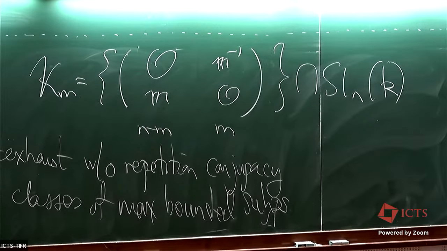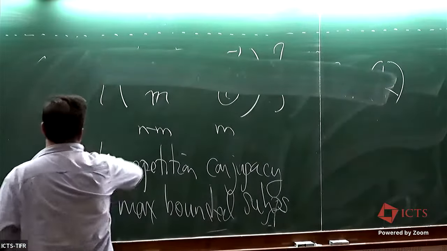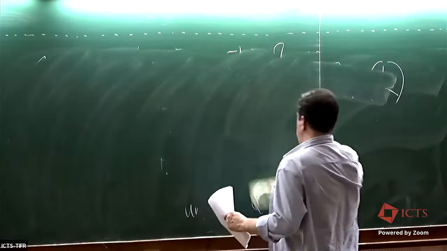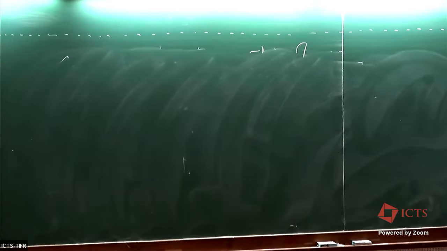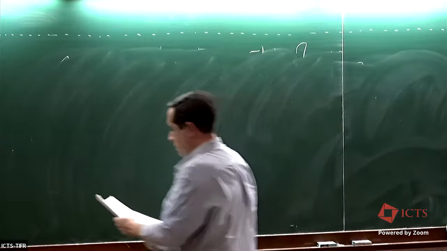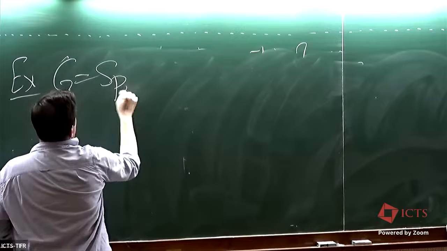Okay? I would like to give one last example involving SP4. And again, we will come back to this in several ways later on. I think in some ways, SP4 is much more instructive for various things than these type A examples. So let's take the symplectic group.